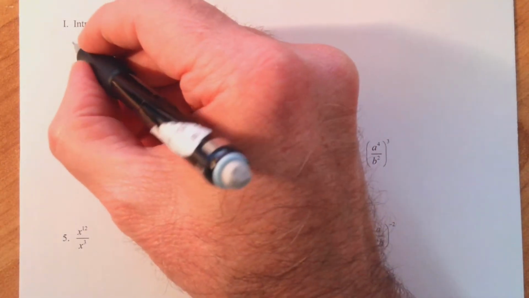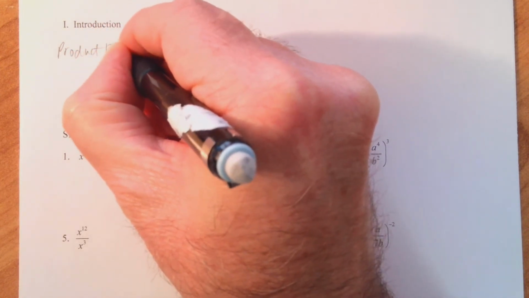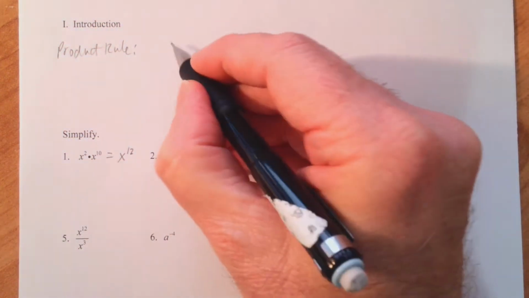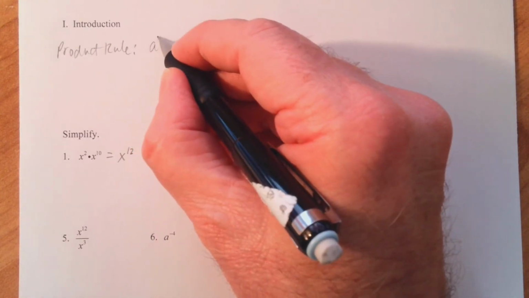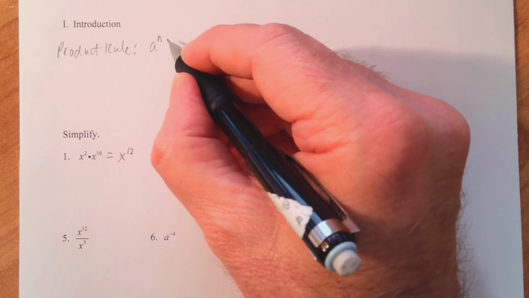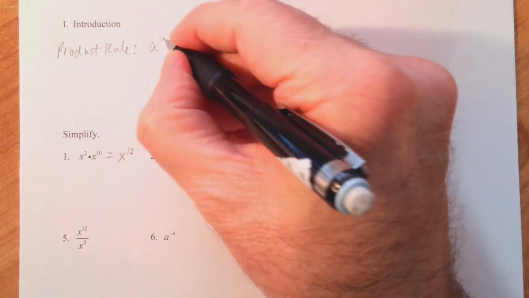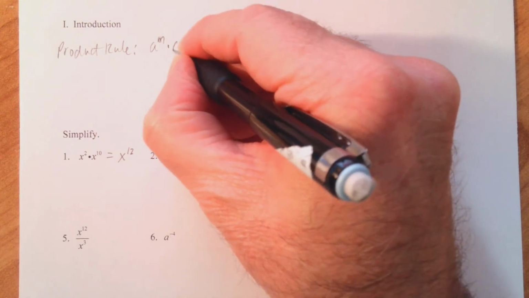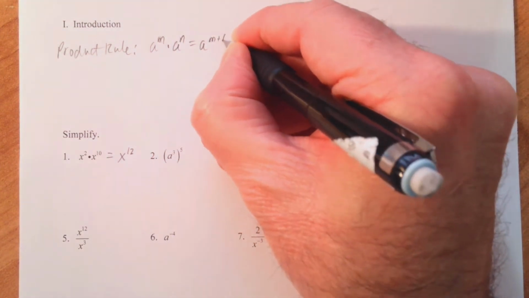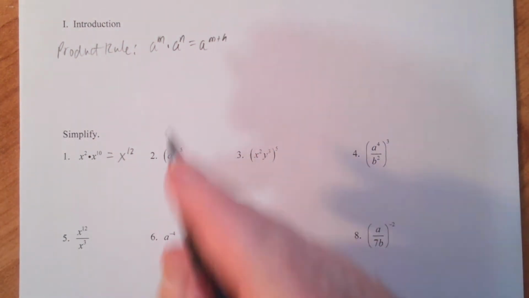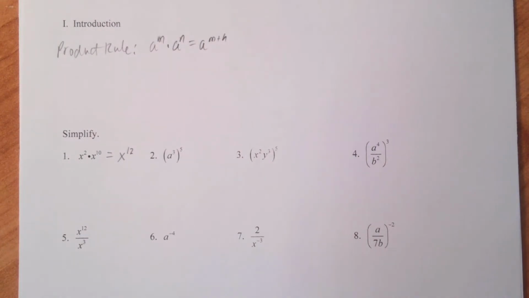We have what's called the product rule. a to the m times a to the n equals a to the m plus n. So when you have a product of 2 powers of a, you add the exponents.